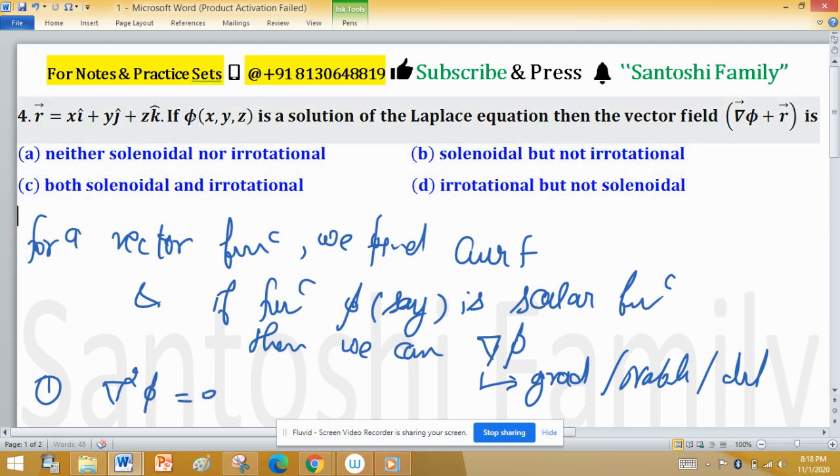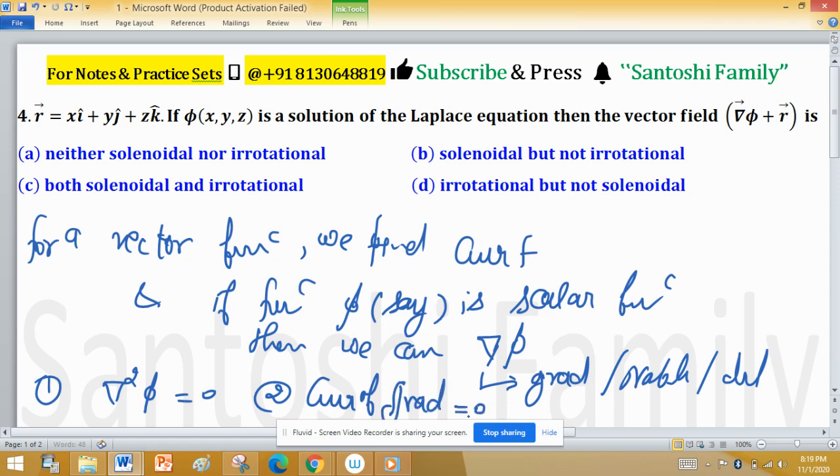If phi of x, y, z is the solution of the Laplace equation, then nabla square of phi equals 0. The second point is that curl of gradient is 0.